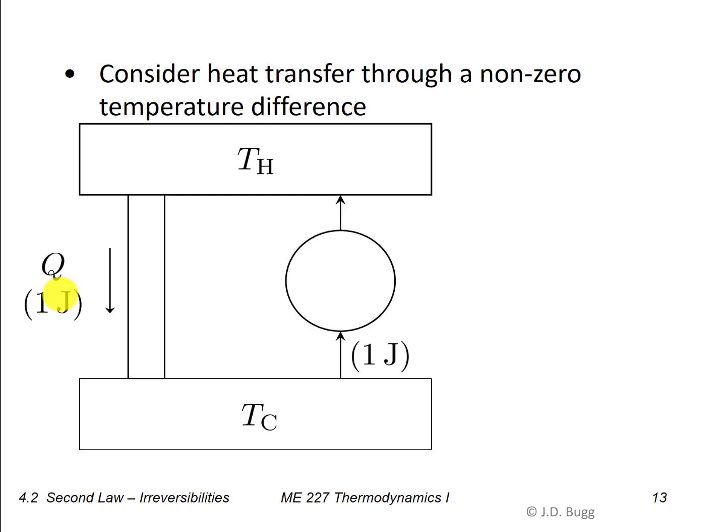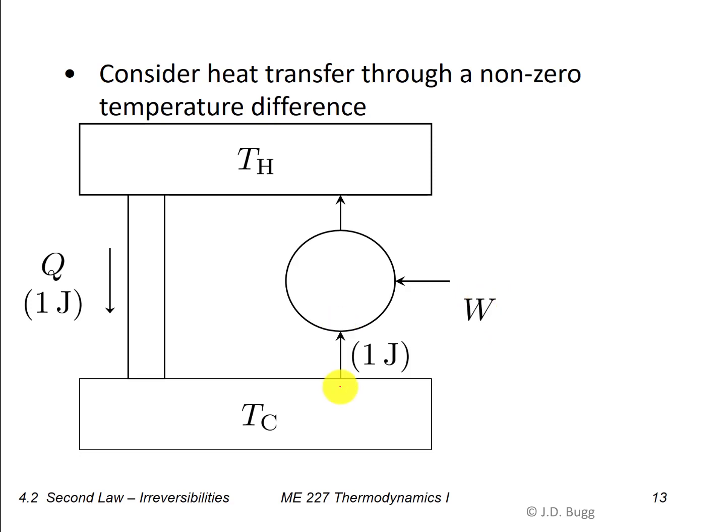Well, we know already from our initial discussion that the only way to get heat to transfer from cold to hot is by doing work on it. So we can put a refrigeration cycle in here essentially. We can pull that 1 joule of heat transfer that we originally transferred here. In other words, we can try to undo that process, but we have to provide work in order to make that happen.